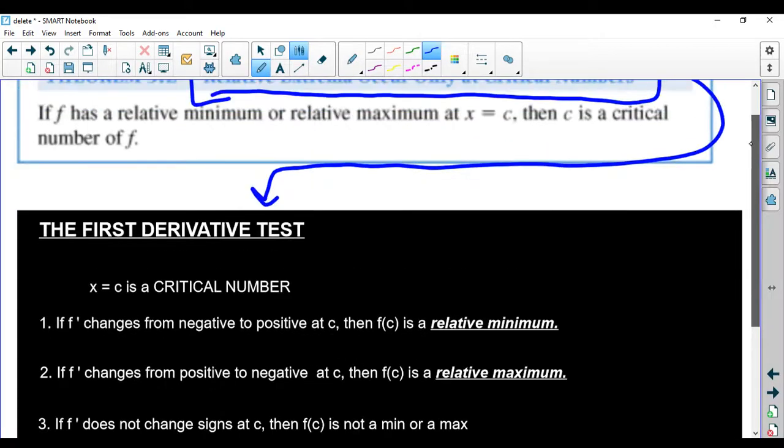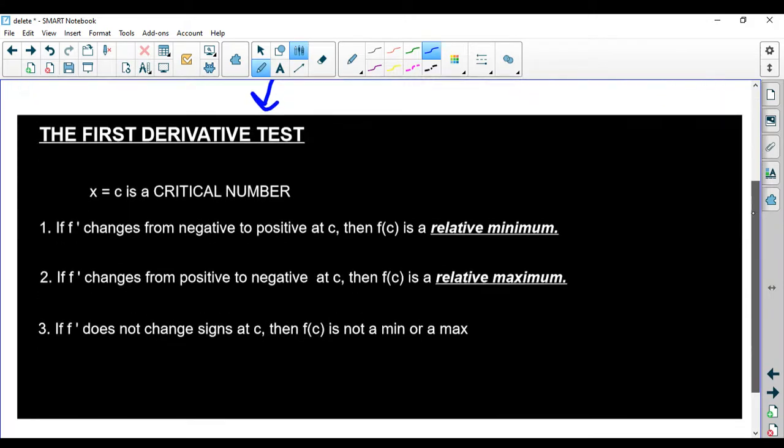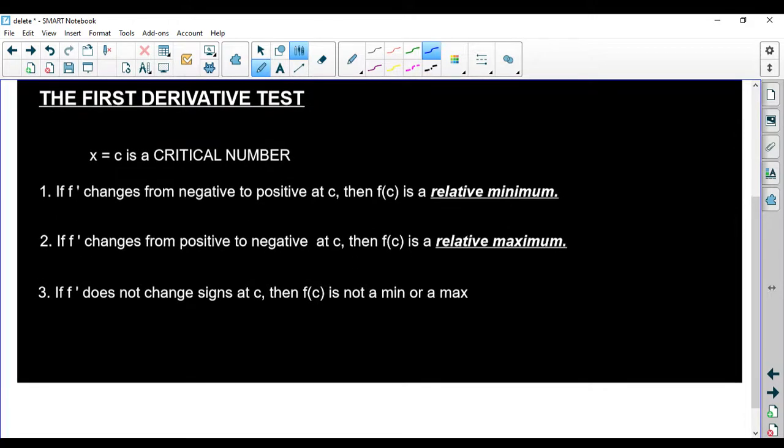And since relative extrema can only occur at critical numbers, well, the first thing you have to do for the first derivative test, which is finding extrema, is to find the critical numbers. So here's the process. The first derivative test, you will determine the critical numbers.